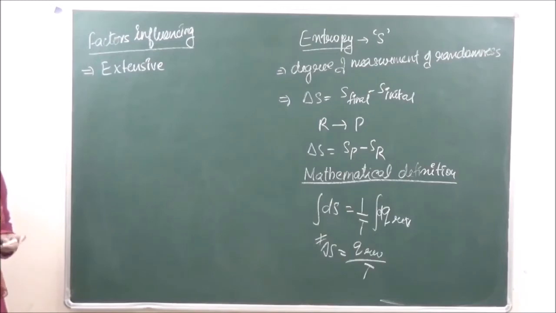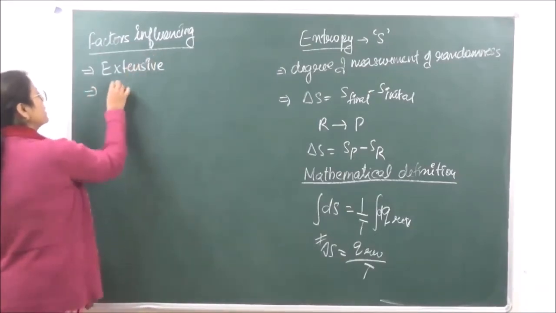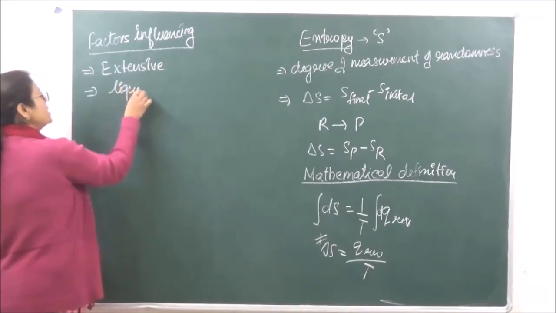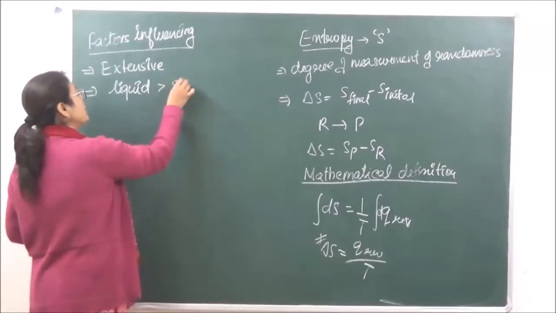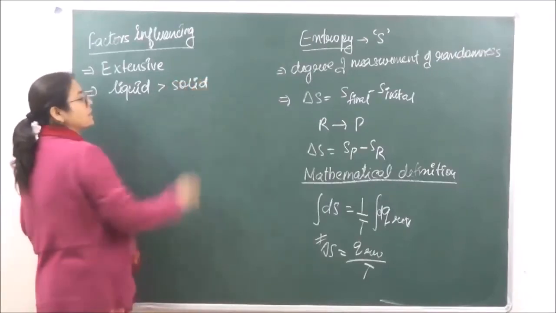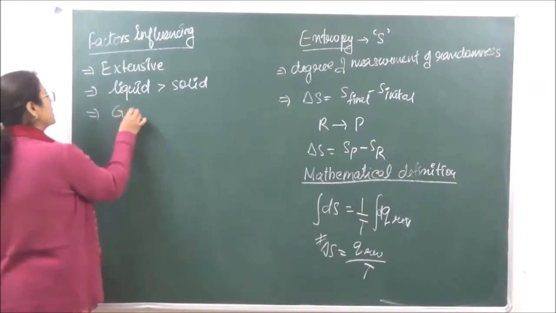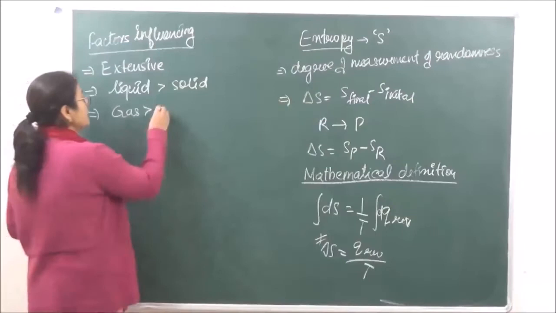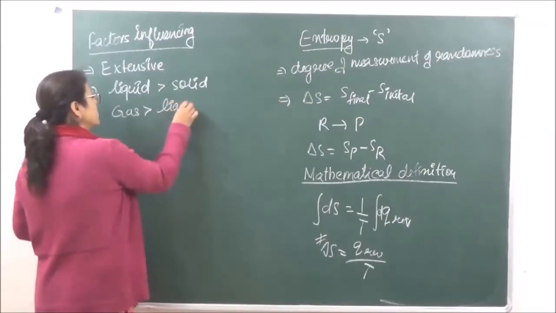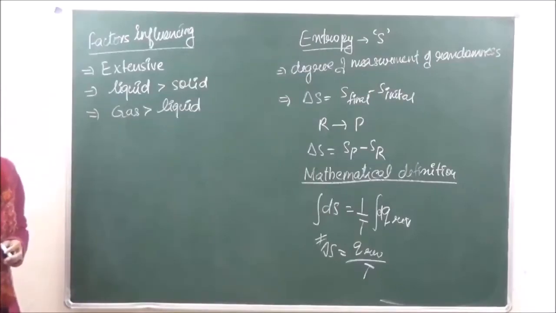Number 2, liquid has higher entropy than solid. This we have already studied, so we are just summing up. Similarly, gas has higher entropy than liquid. So the disorderedness or randomness increases in this manner.